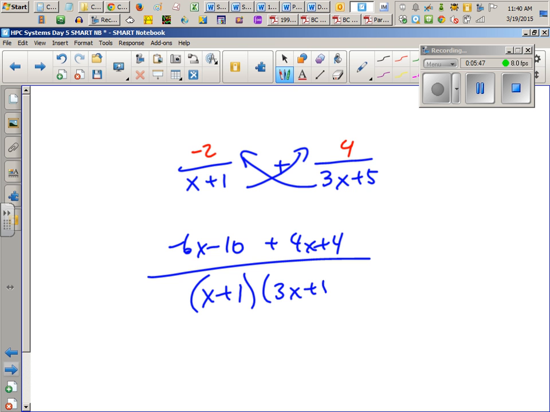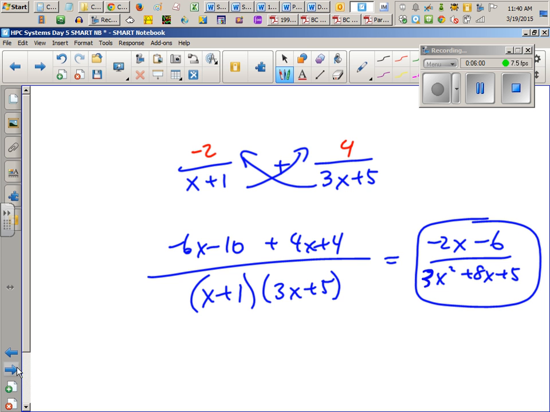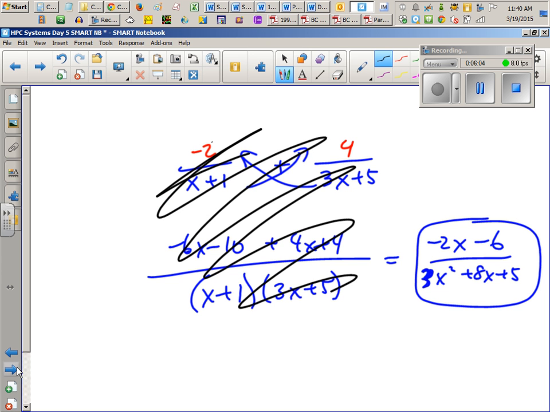It's your choice if you want to FOIL the denominator and make them factor it. But basically, you would give them the problem like this. Or you can leave the bottom factored if you're a nice person. And they have to figure out how you got that, okay?